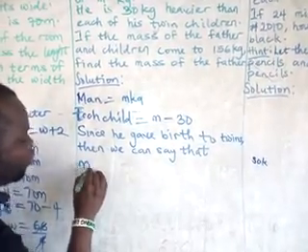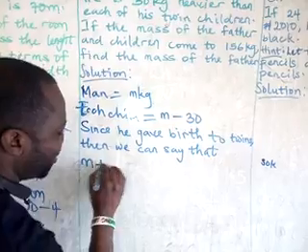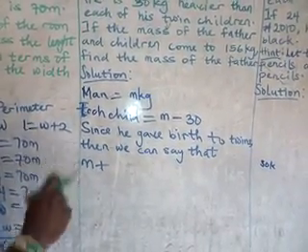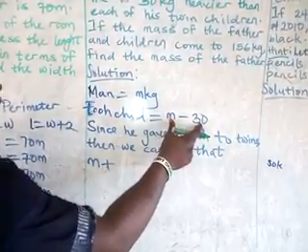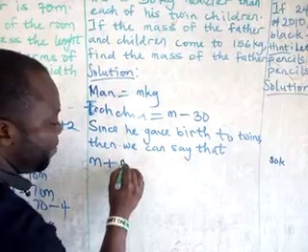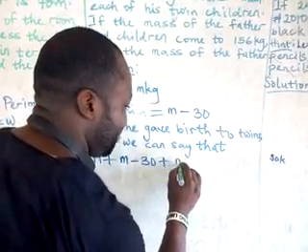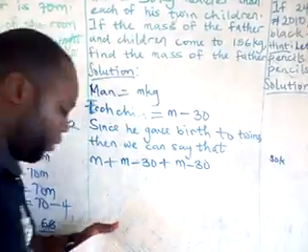The mass of the man, which is M, plus the mass of each child, like I've been saying, since he gave birth to twins. So this is for one out of the two: plus M minus 30, which is for the first one, plus M minus 30, which is for the second one.